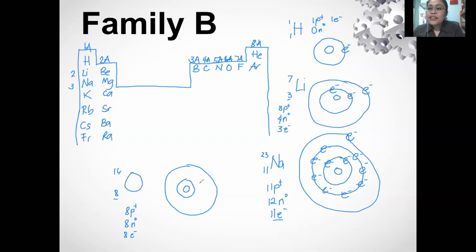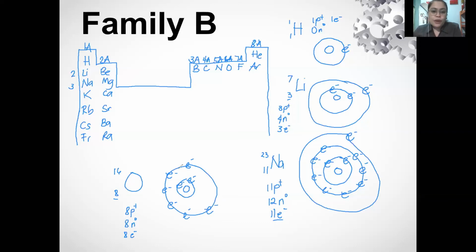So let's distribute the electrons now. Again, what our first energy shell can accommodate is two. So you have 1 and then 2. And then we will distribute the remaining electrons in the outermost shell of our oxygen. So how many are left? 8 minus 2, so we have 6. So we have 1, 2, 3, 4, 5, and then 6.